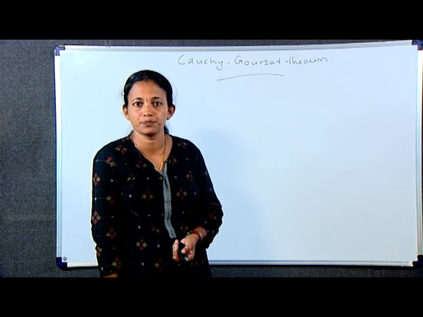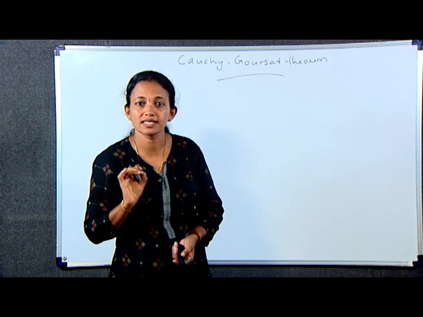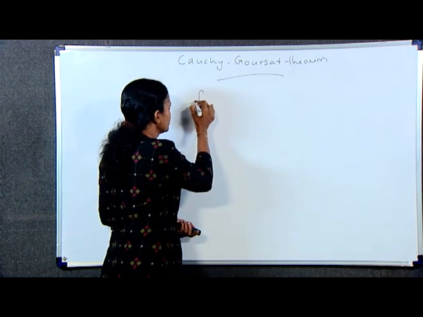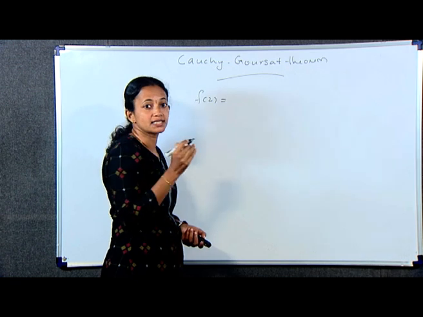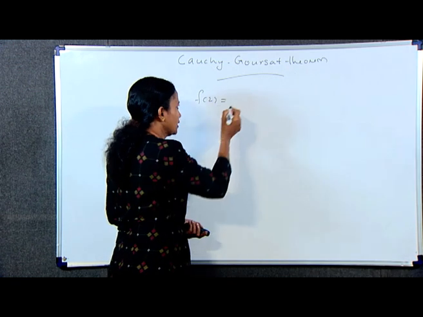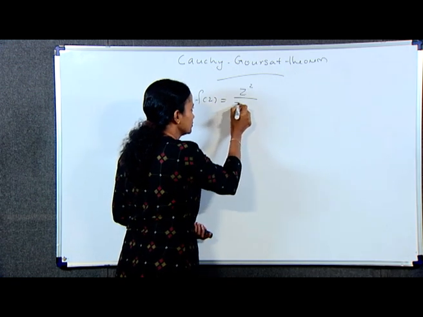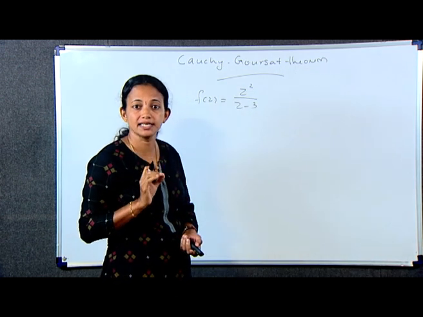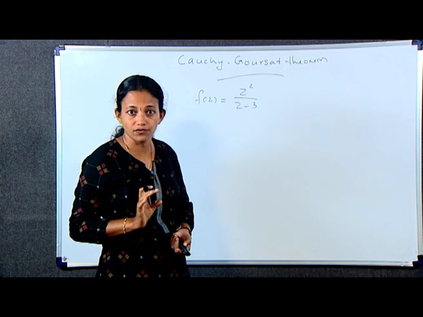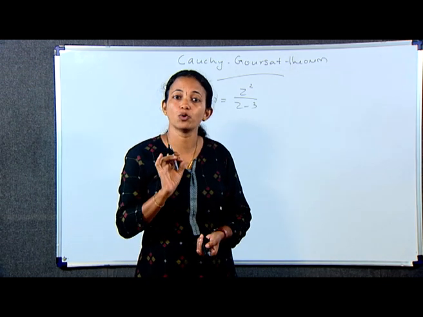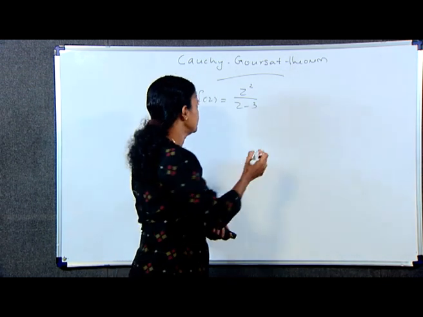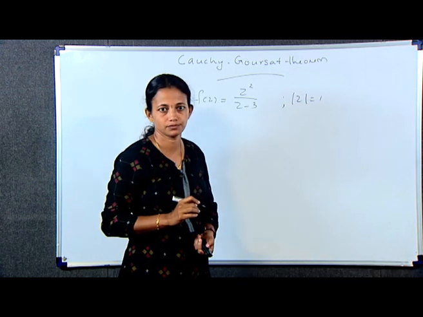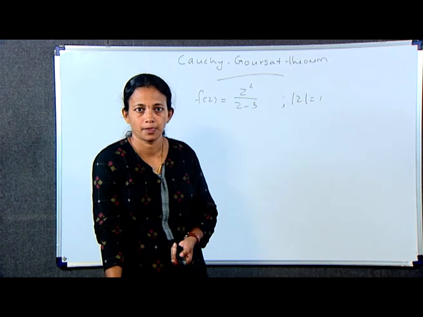First example: show by the Cauchy-Goursat theorem that for f(z) equal to z square by z minus 3, the integral over C of f(z) dz is equal to 0, where C is the unit circle mod z equal to 1. Solution.